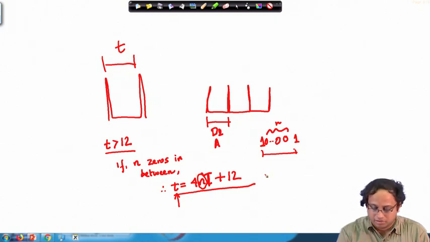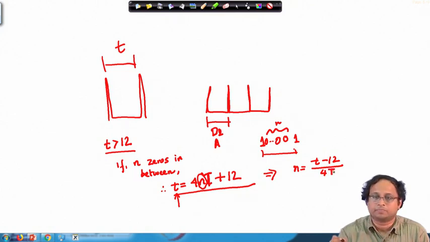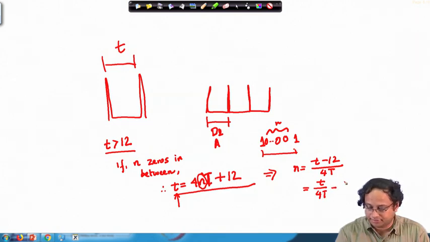So basically, I can write this as n equal to (t minus 12T) divided by 4T, which is nothing but t by 4T minus 3, because there are two additions giving 12T.